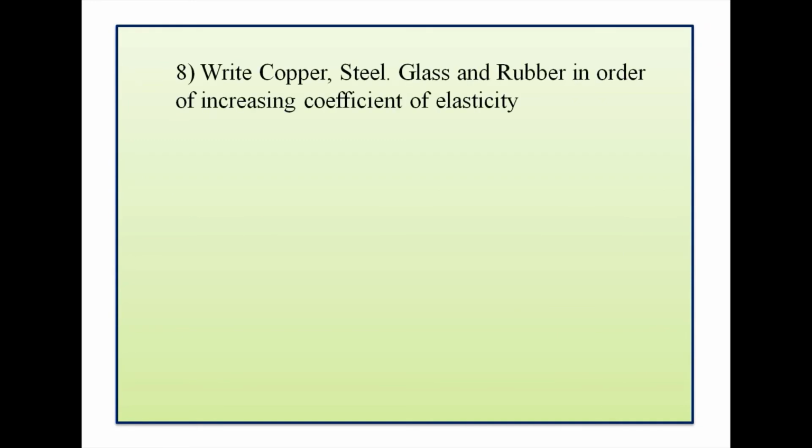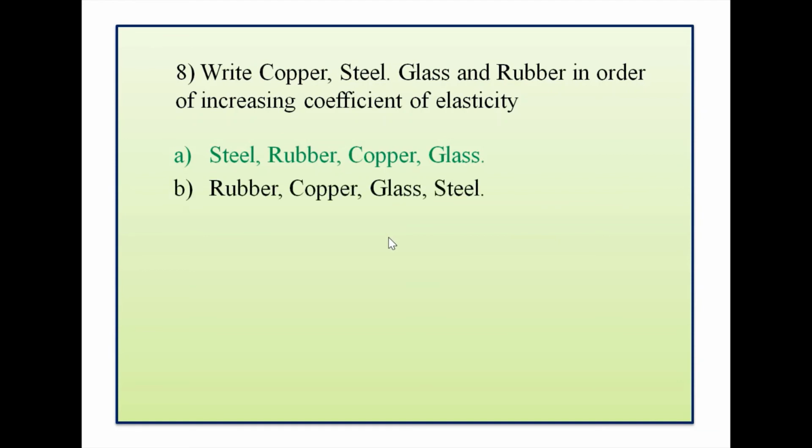Write copper, steel, glass and rubber in order of increasing coefficient of elasticity. Remember, here copper, steel, glass and rubber are to be put in order of increasing coefficient of elasticity. So the options are: option A is steel, rubber, copper, glass.